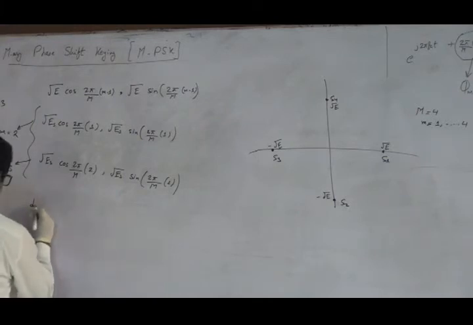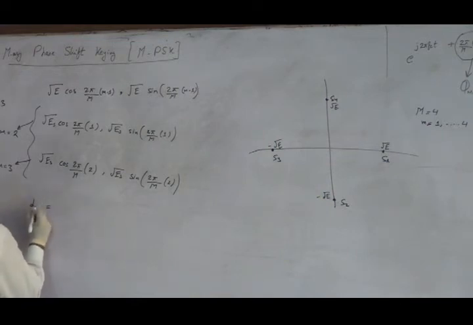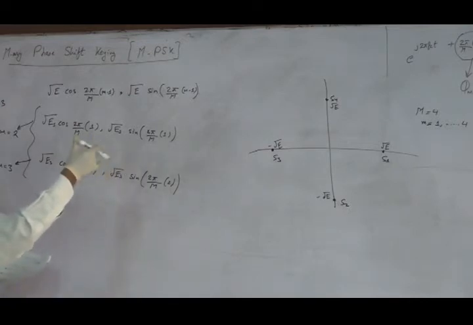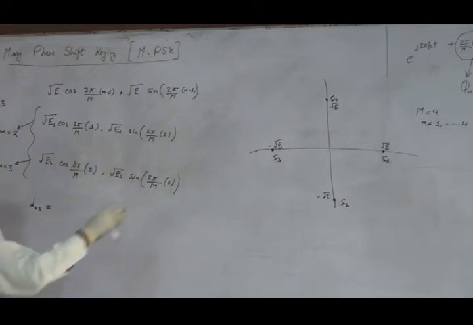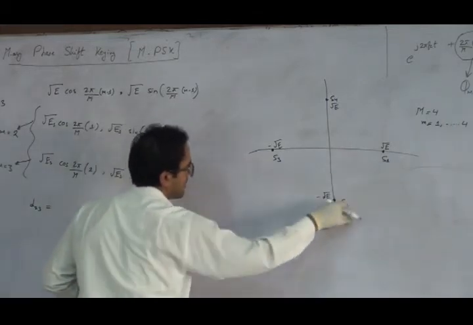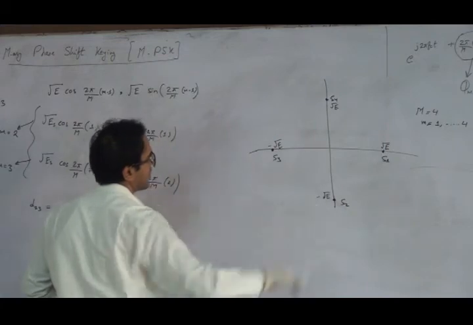So D23 will be equivalent to, since we are computing the distance between the signal point 2 and signal point 3, or you may consider the distance between D1 and D2 is the same as the distance between D2 and D3.